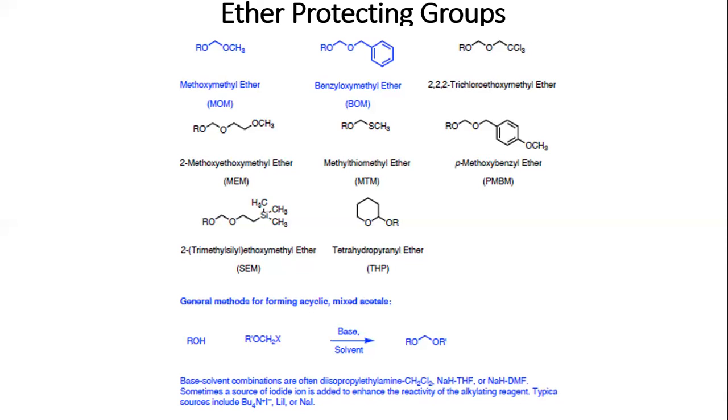So it just depends on what you're trying to do, and which of these protecting groups you're using, right? But the basic method is to take the alcohol and treat it with this functionalized ether that has some type of leaving group attached. So you can do a Williamson type ether synthesis.